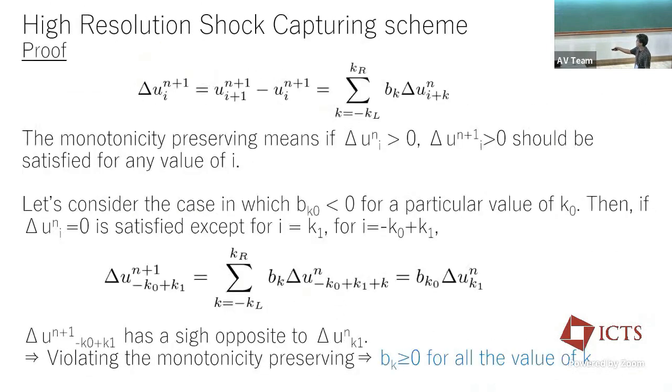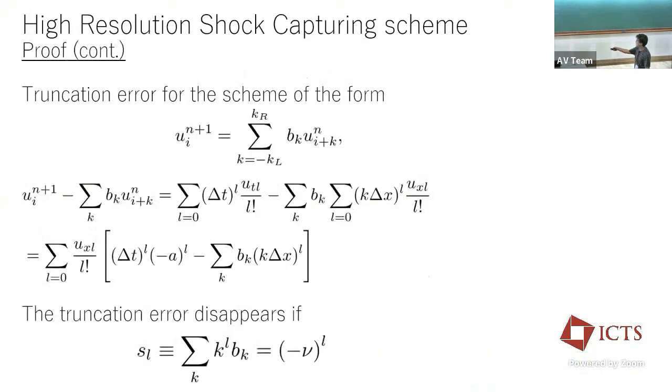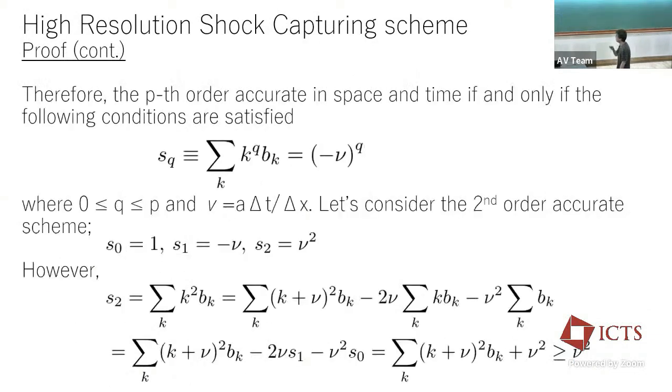By plugging in this expression, to cancel out these two terms, you need this condition. Therefore, a p-th order accurate scheme in space and time holds if and only if the following conditions are satisfied for arbitrary values of q.